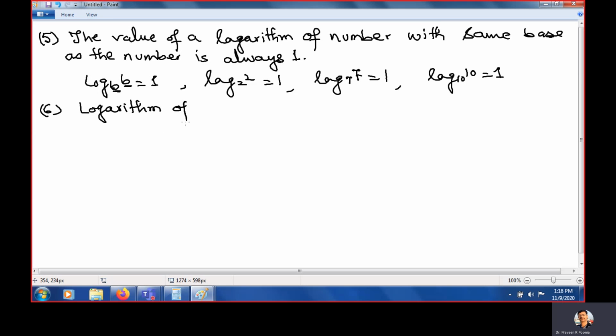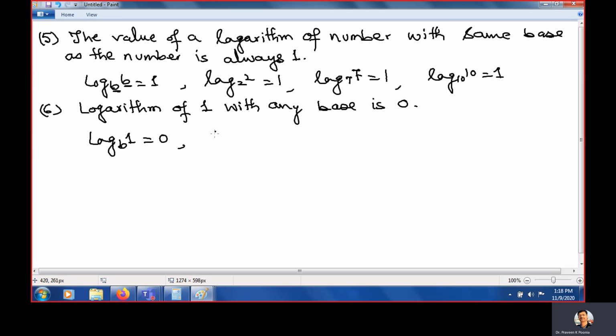And point number 6 is logarithm of 1 with any base is 0. Means logarithm of 1 with base b is equal to 0.